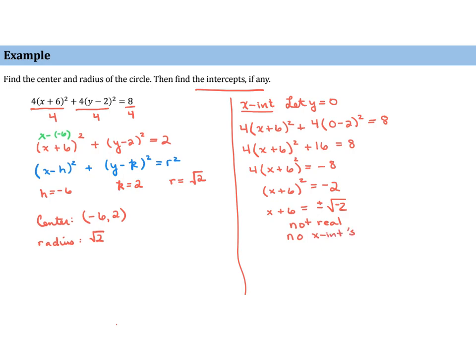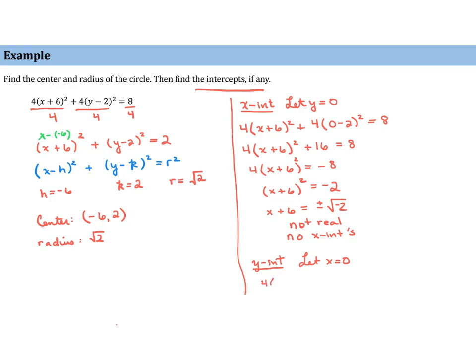Now let's look for any y-intercepts. So since the y-intercept is where we cross the y-axis, that would mean that x would be 0. So let's let x equal 0, and we'll follow similar steps as to what we did previously.